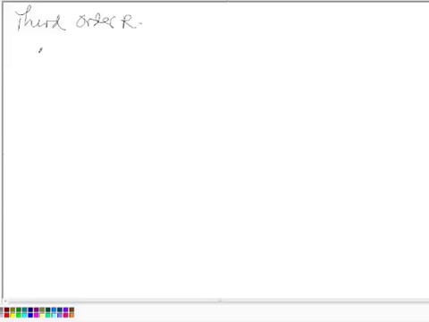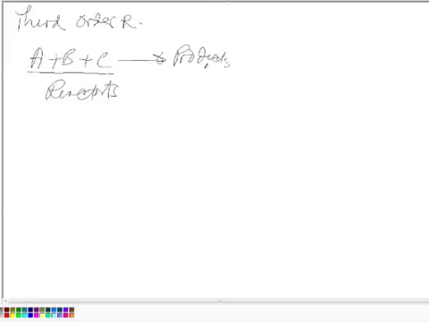It can be represented by A plus B plus C or other reaction. You know, these are reactants becoming a product, but very important note is that the initial concentration of A0 is equal to the initial concentration of B, same as the initial concentration of C.